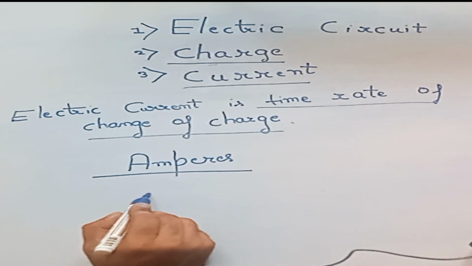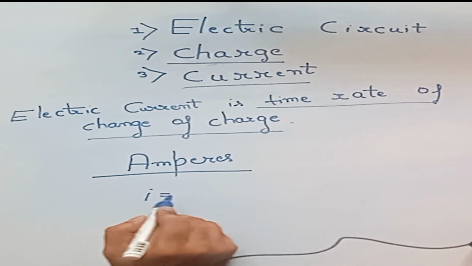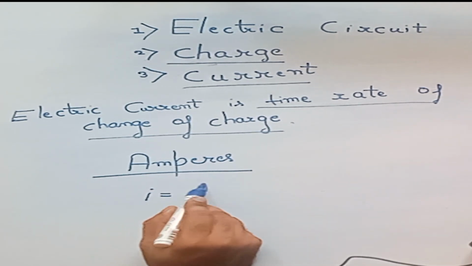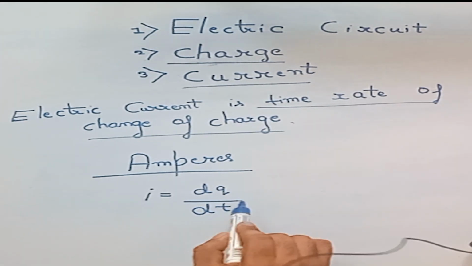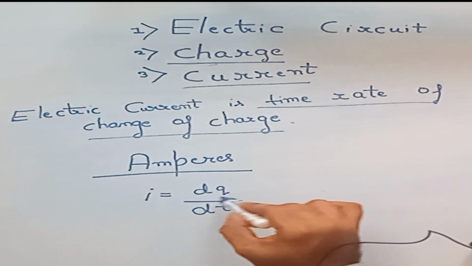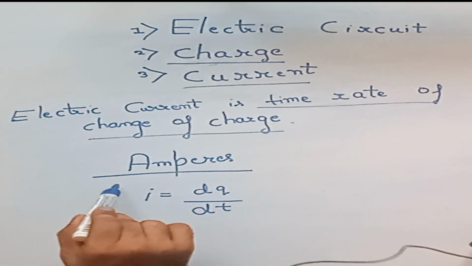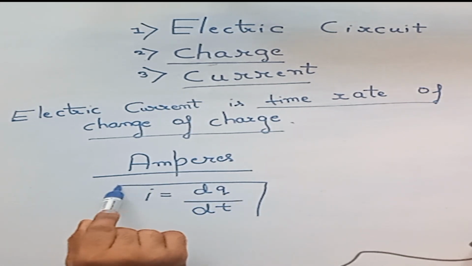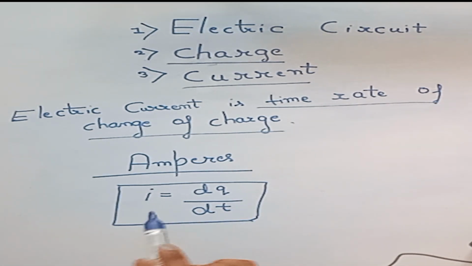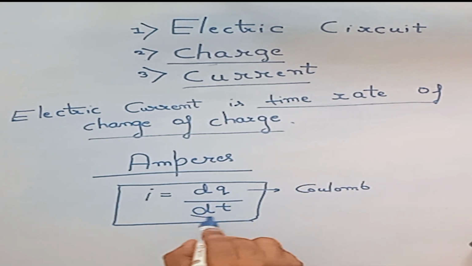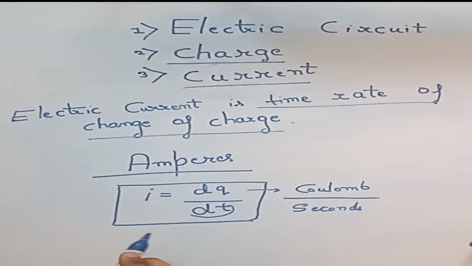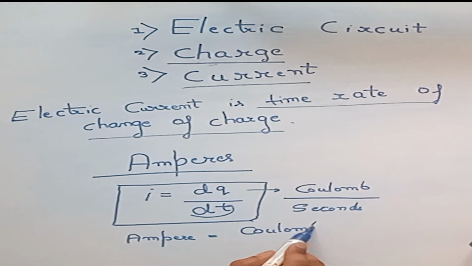It's given by the equation I is equal to dq by dt. We know that charge is in coulomb and time is in second, so it will become ampere, coulomb per second.